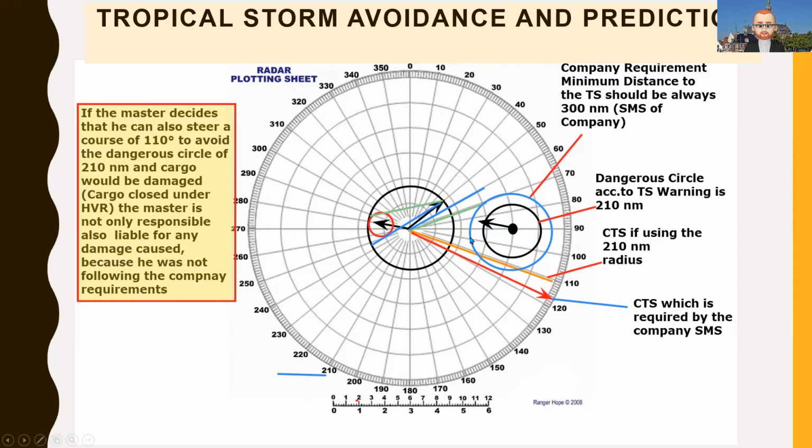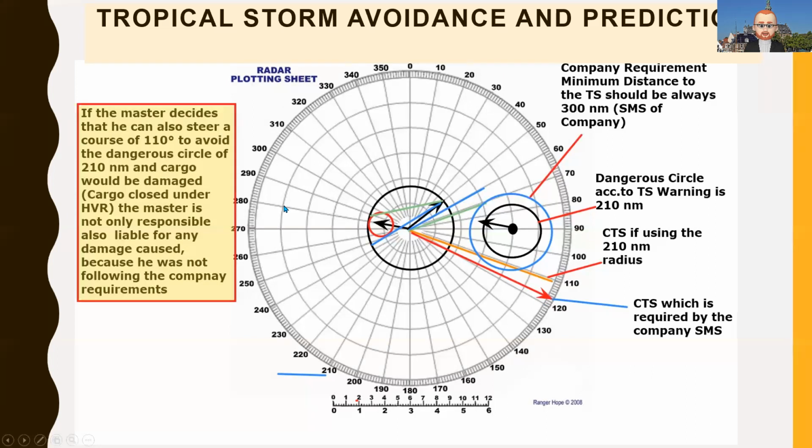So I have to enter the 300 nautical miles radius here as well, and then I can ignore the 210 or 200 nautical mile radius, which was part of the tropical storm warning, because this is now the most important one for me, which is the company requirement. Then I can see that instead of 110, I now have to go to 118 or 120 degrees to be on the safe side to maintain the requirements of the company.